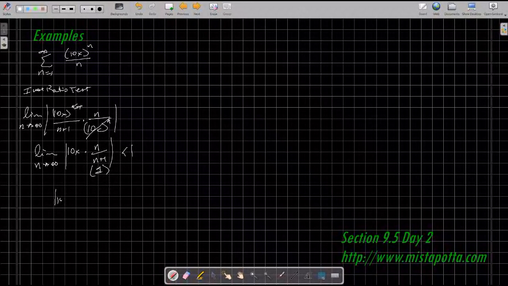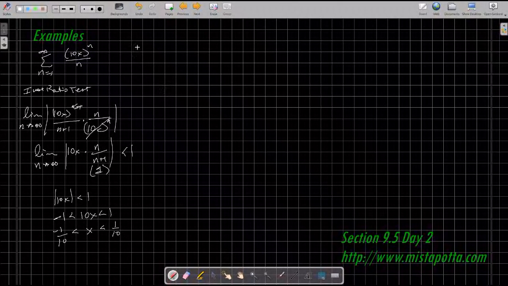So 10x is less than 1 whenever negative 1 is less than 10x is less than 1. So x must be between 1/10 and negative 1/10.